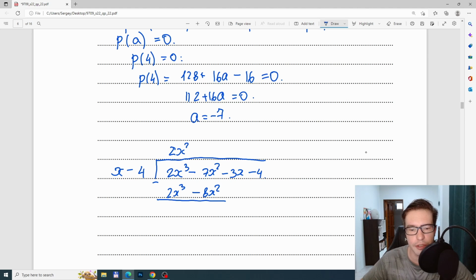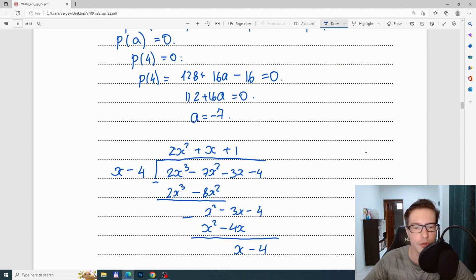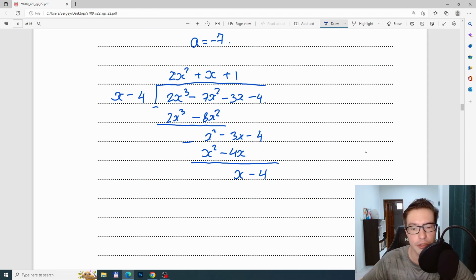Subtract, we'll get x squared minus 3x minus 4. I will have to multiply x by another x, so I can get x squared. And we get x squared minus 4x. Subtract, and we'll get x minus 4. So I have to obviously multiply x minus 4 by 1 to get x minus 4. And subtract, and we got a remainder of 0.